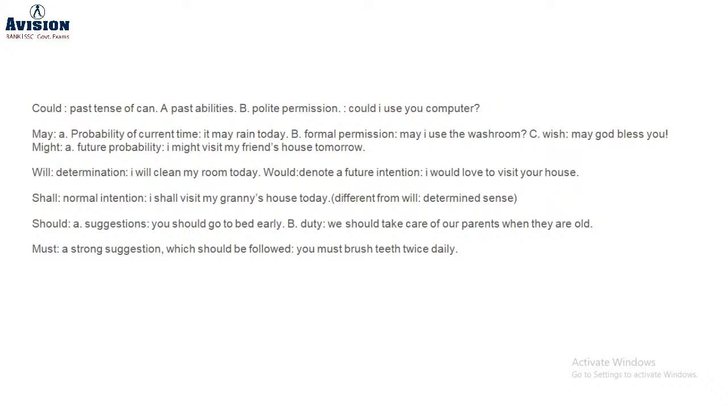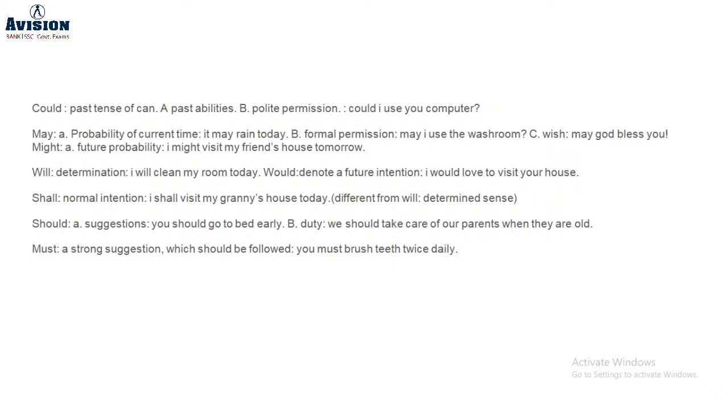Helping auxiliaries were, as I said, be, do and have. And under modal auxiliaries, we use can, could, and they will be used in specific cases, as we already discussed, right? In ability, past or present, possibility, probability, everything.